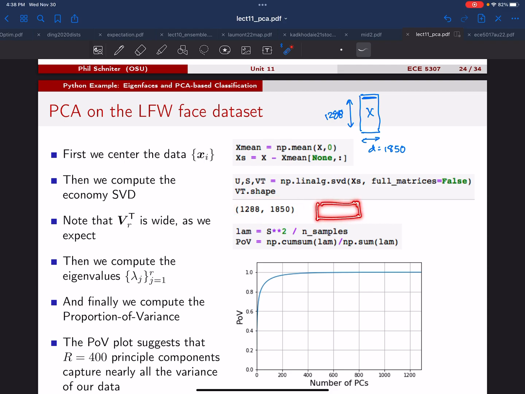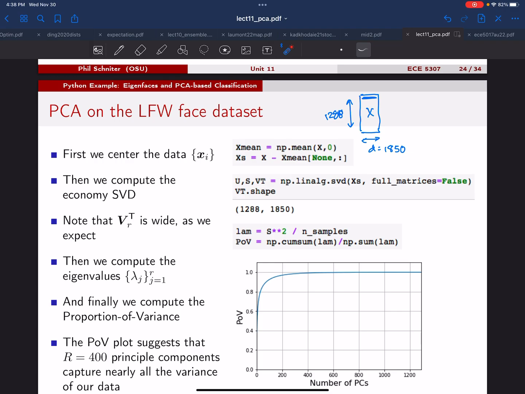And we know that V must be tall, and so that confirms that, yes, that is the transposed V matrix. V in this application has the same dimensions as X, the data matrix. Okay, so this is the dictionary matrix that we use for PCA.